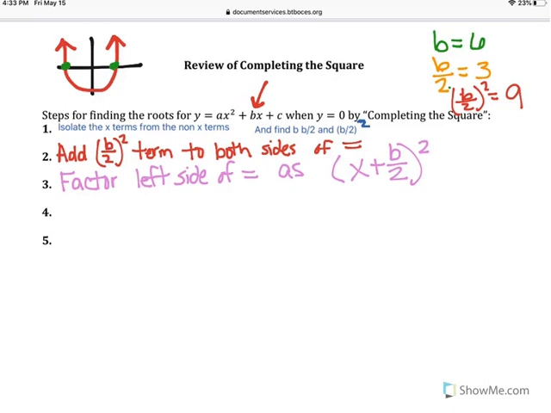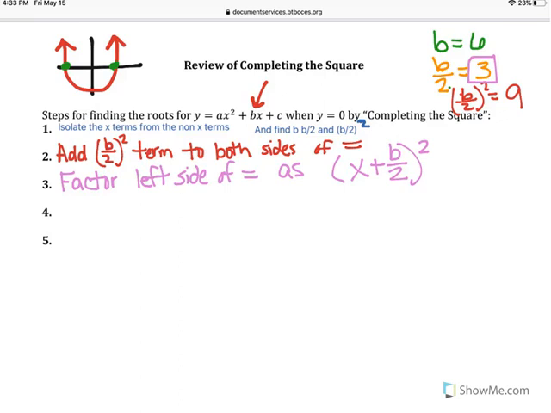So for instance, in that original example where I said 3 was b over 2, I would replace the b over 2 in this parenthesis with 3. So I would have x plus 3, the whole thing squared.